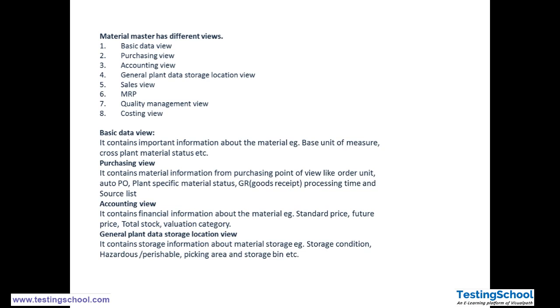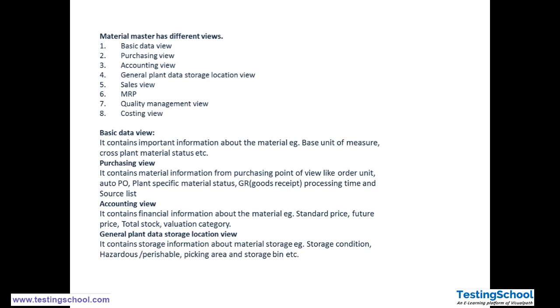Accounting view will have accounting information. Views are kind of pages and tabs where this information is kept. All accounting related information is kept in one place, and all purchasing related activity information is kept on another page.